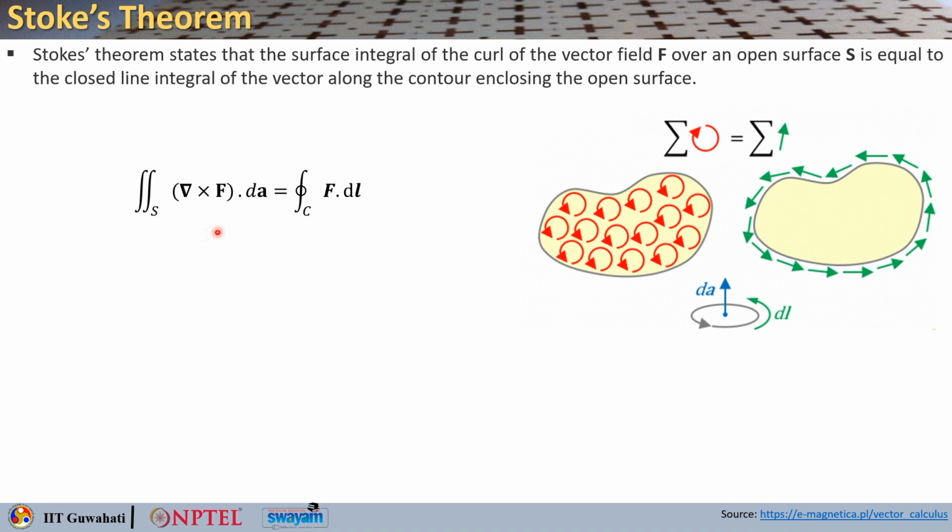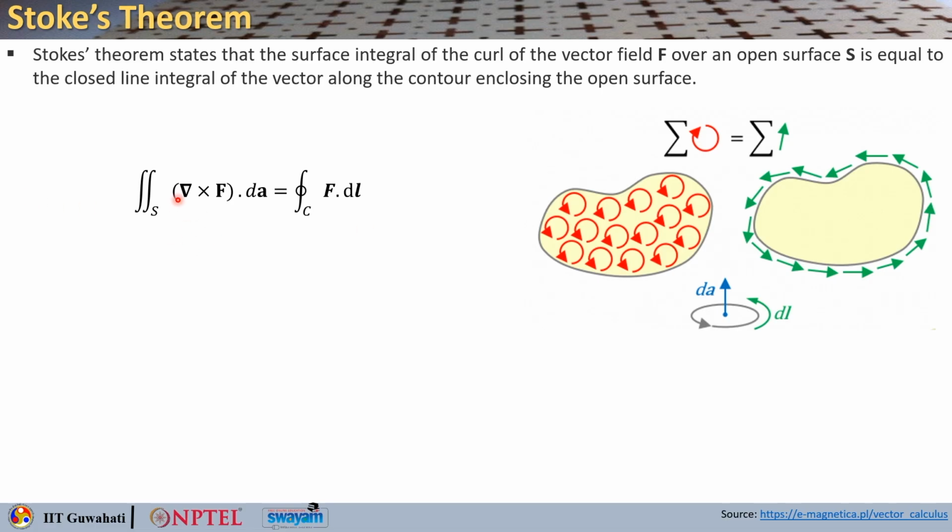So, it means if you want to calculate all these small curls over this entire surface, why not just calculate the integral of the vector along the contour that encloses this particular open surface.